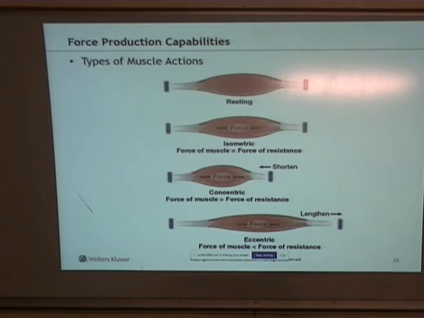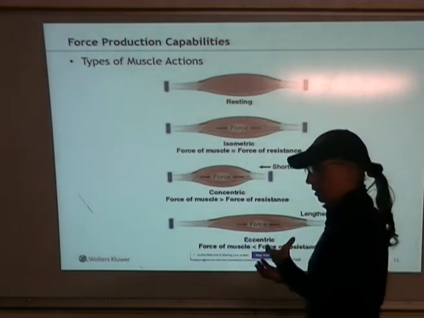This can occur in a couple of situations. It could be that the max force possible that that muscle can produce at that time is not large enough to overcome whatever the resistance against it is.